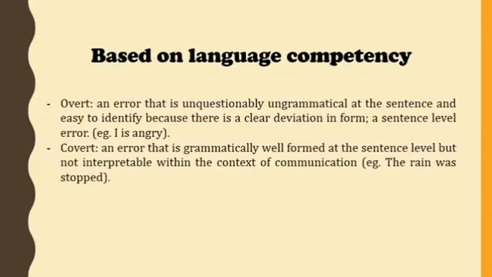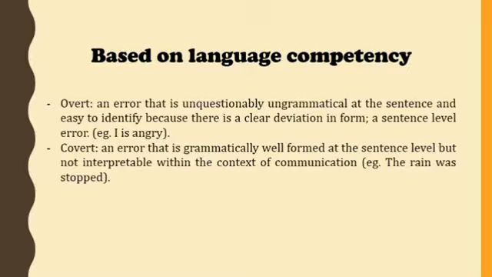The next category is based on language competency. The first is overt. Overt is an error that is unquestionably ungrammatical at the sentence level and easy to identify because there is a clear deviation in form, a sentence level error.